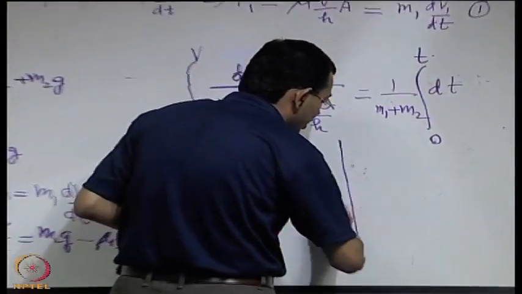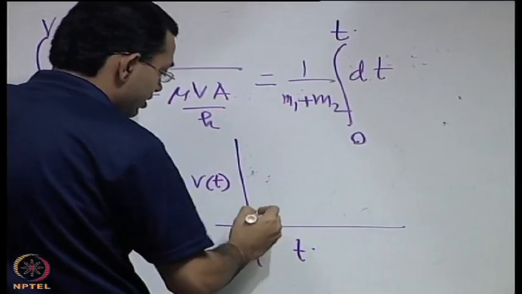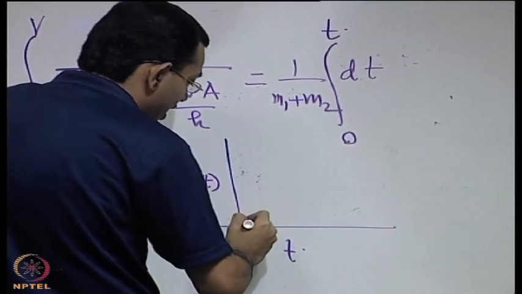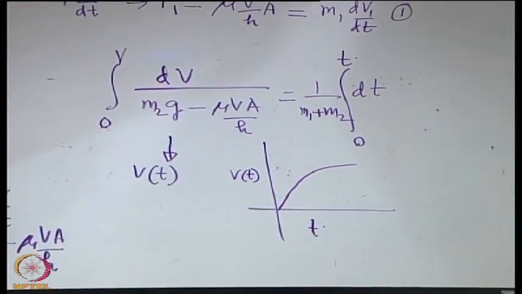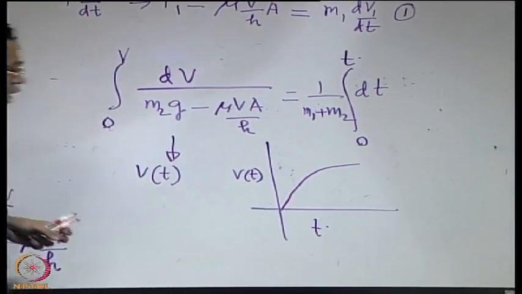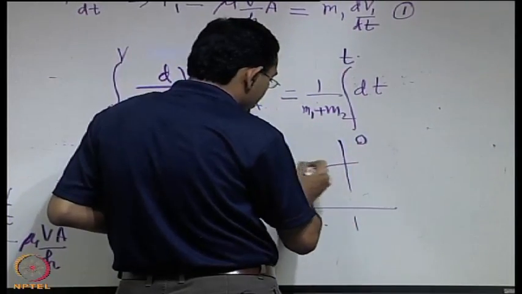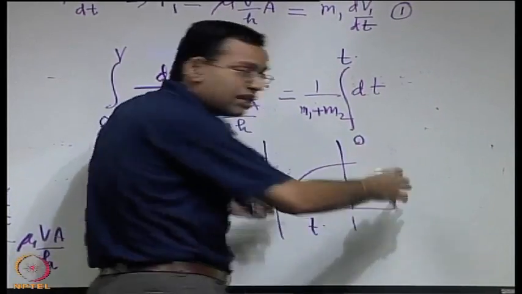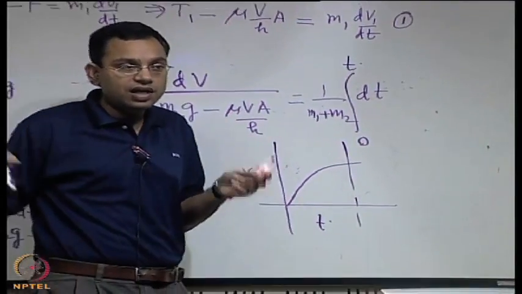So without working it out, maybe the velocity versus time characteristic could be something like this, and let us say that it comes to a steady state at some large time, theoretically tending to infinity, practically a large time.